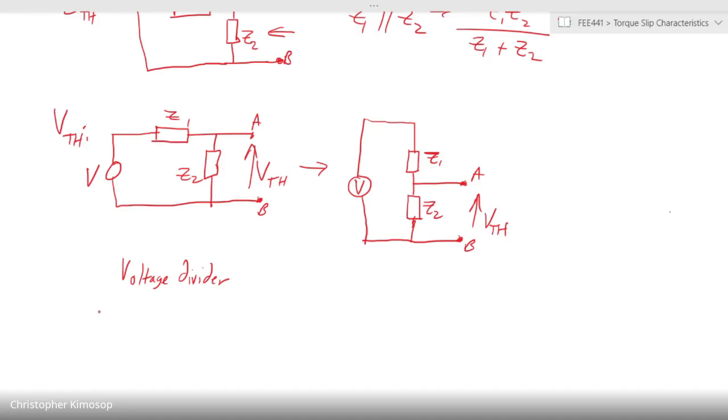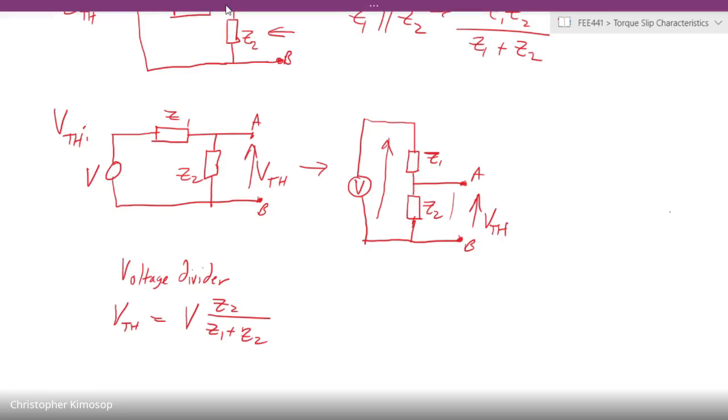And when we have a voltage divider, what do we say? That voltage, V Thevenin, is a ratio of V1 that looks like that. So the voltage across this point is split by the voltage divider in that ratio, okay?